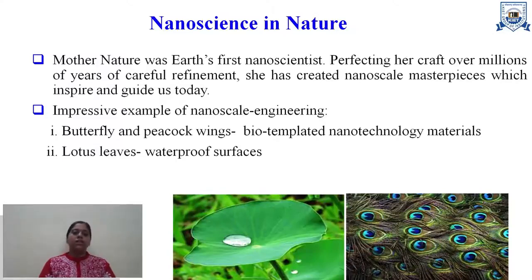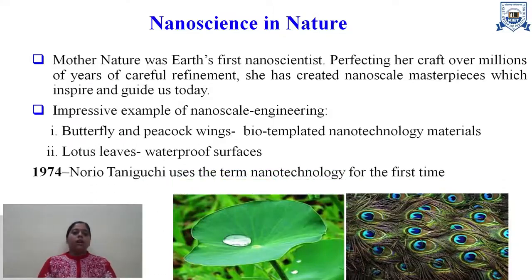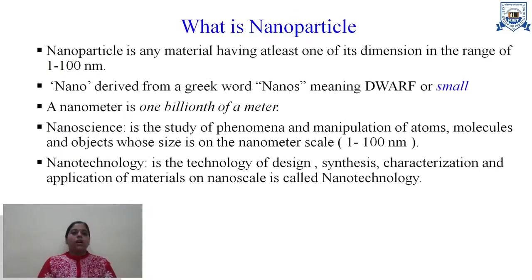So we can say nanomaterial or nanoscience is not new in this era. Norio Taniguchi used the term nanotechnology for the first time in 1974. Now the question arises, what are these nanoparticles? A nanoparticle is any material having at least one of its dimensions in the range of 1 to 100 nanometer.